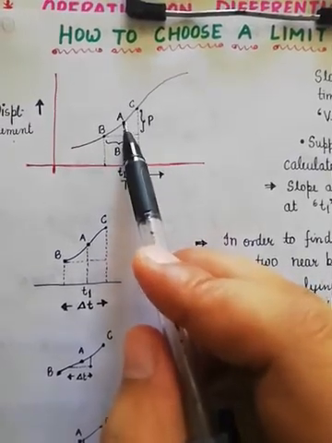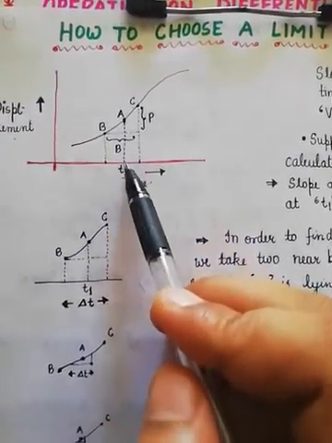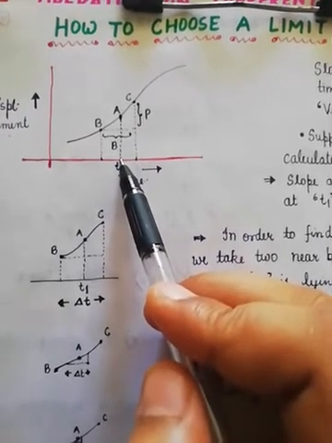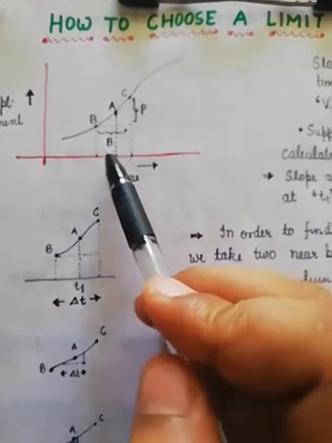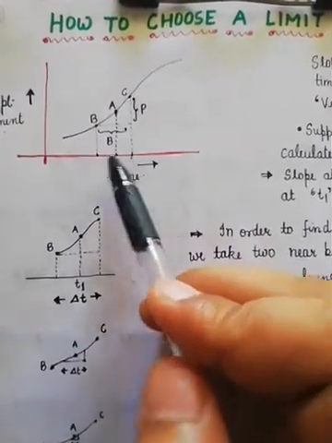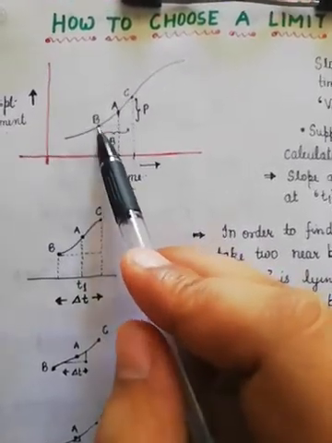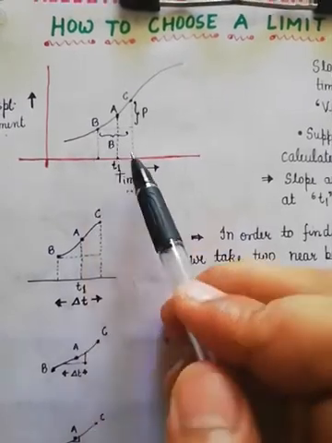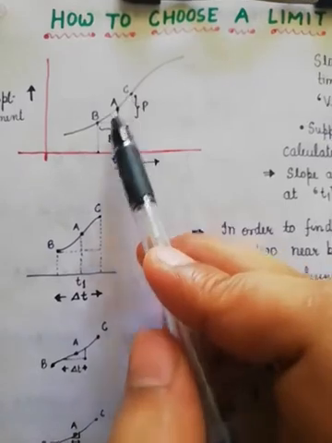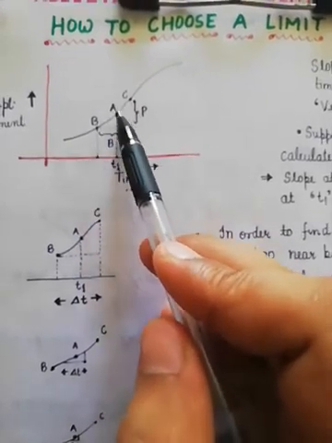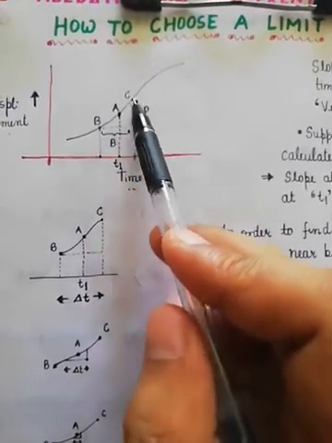So if you draw a perpendicular on this x-axis, it intersects at this point, let's call this point T1. So near to T1 we take 2 points at equal distance. Let's say this is intersecting at point B and this particular point intersecting at point C. If you see clearly, this is almost at equal interval.